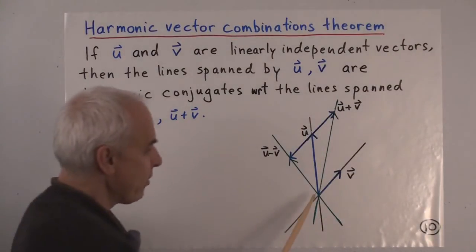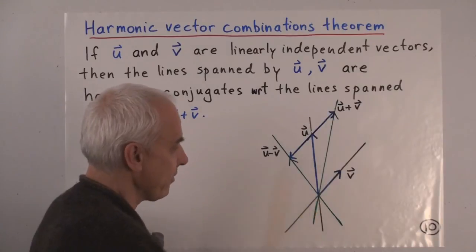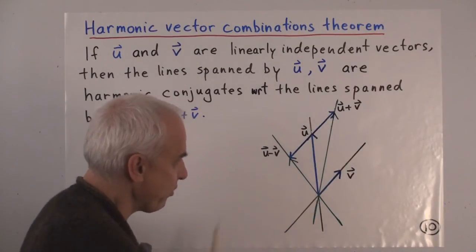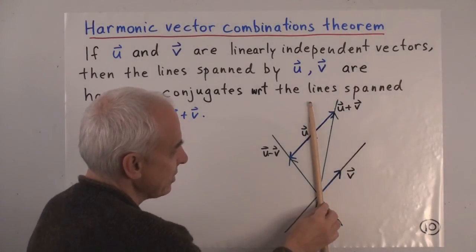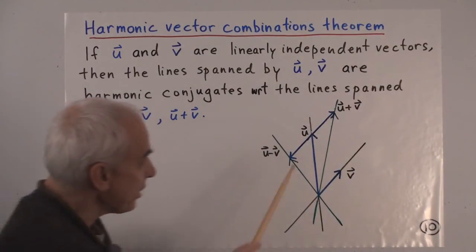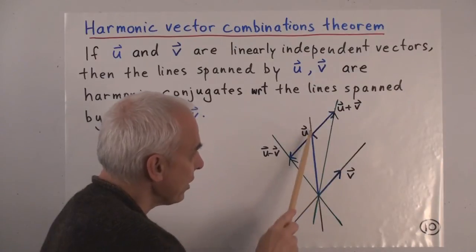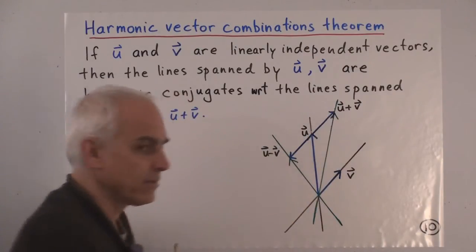Okay, here's the picture. We have one vector u right there, another vector v right there. We're going to have all our vectors coming from this base point here. So those 2 vectors, first of all, form 2 lines, the lines through those vectors. And now here are 2 other vectors. The vector u plus v, obtained by taking u and v. So there's the vector u plus v.